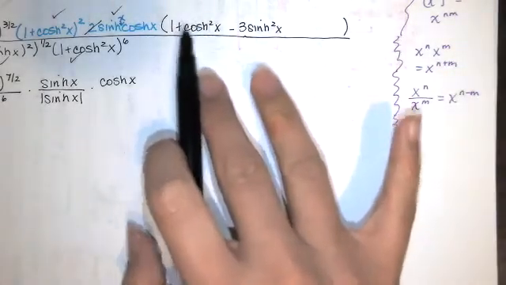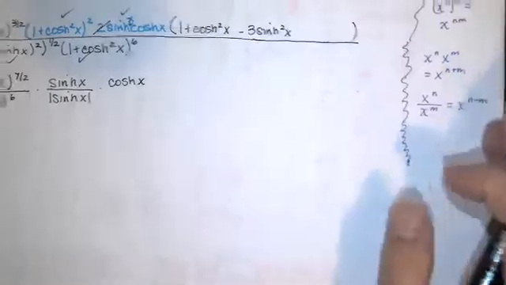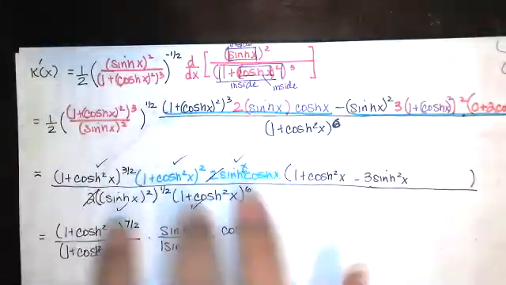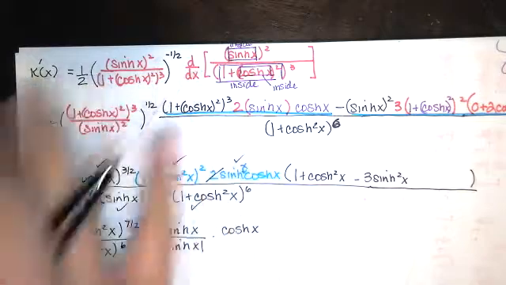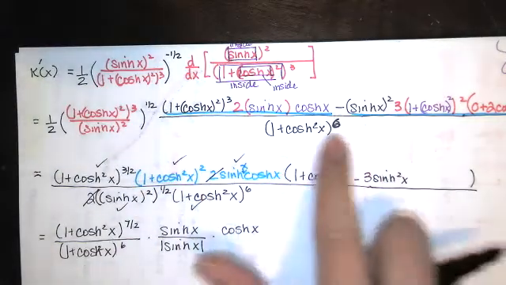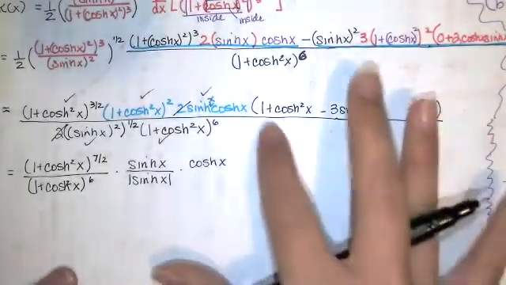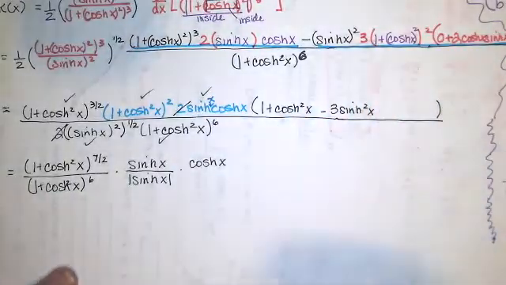So later I'm going to set this equal to 0 because remember, I think I labeled this incorrectly, that's k prime. Later I'm going to set this whole product equal to 0 and then solve for x.